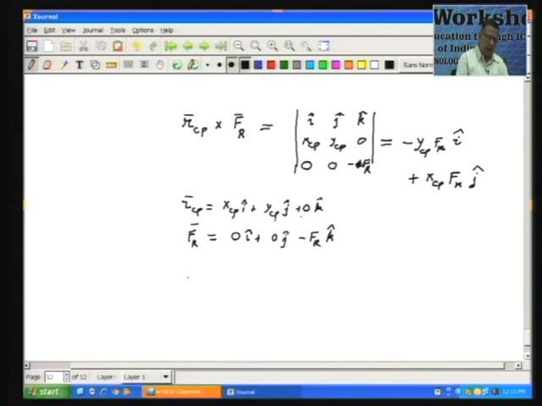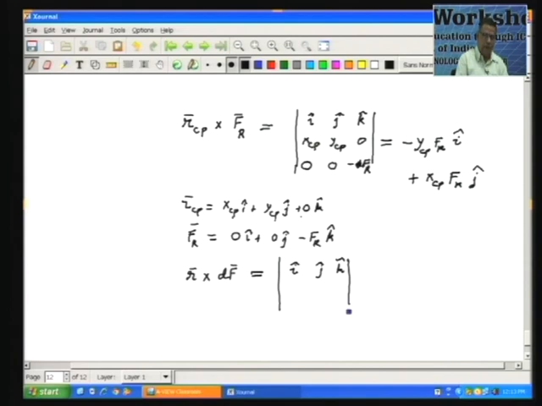Now, if you look at R cross dF, you are going to have a similar expression. So, we will write i j k in the first row. Now, in the second row we will write the coordinates of the position vector of a point on the surface.